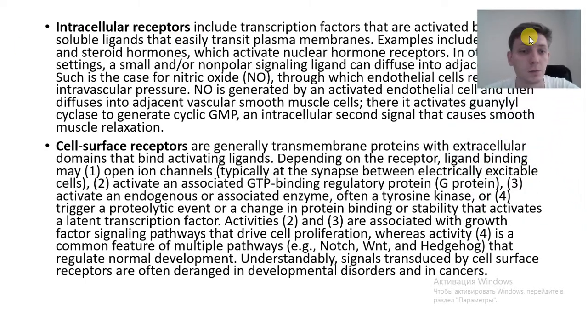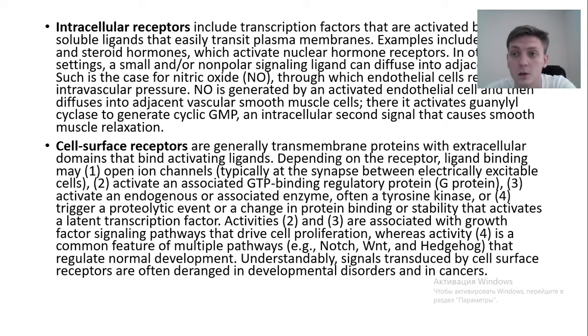Cell surface receptors are the most well known. They are transmembrane proteins of the cell membrane with extracellular domains that bind activating ligands. Depending on the receptor, ligand binding may have these actions. They can open ion channels, for example, at the synapse between electrically excitable cells.